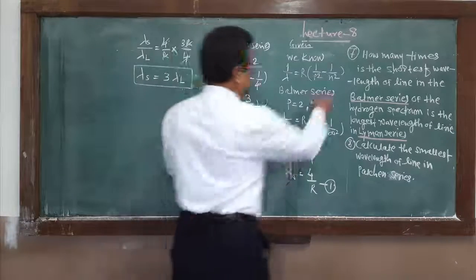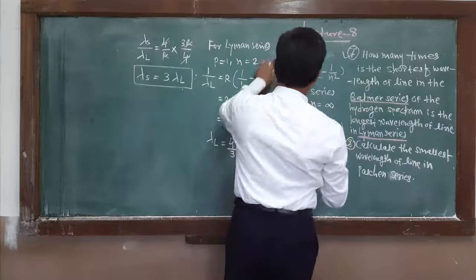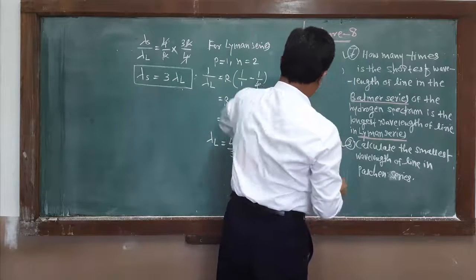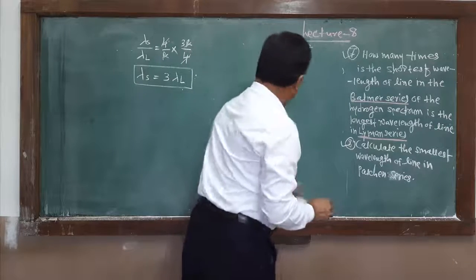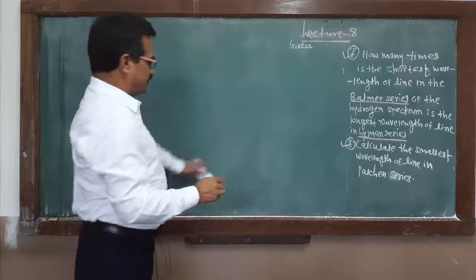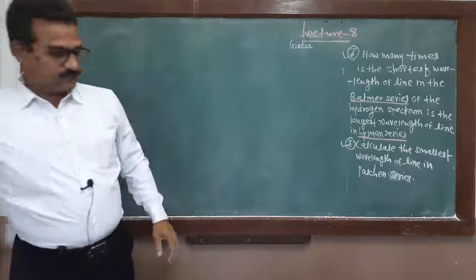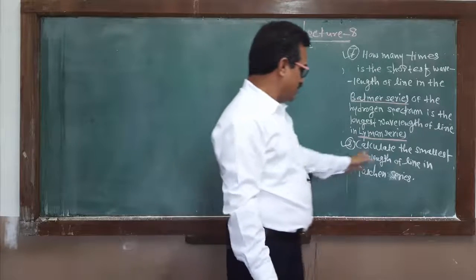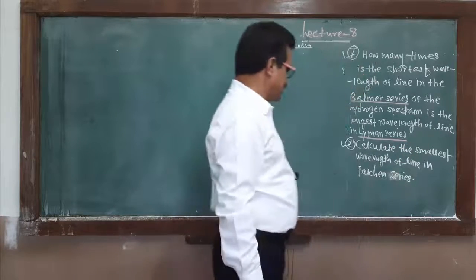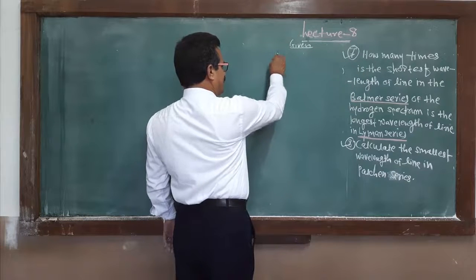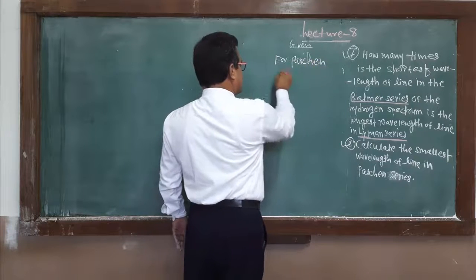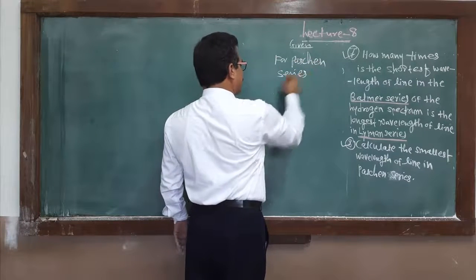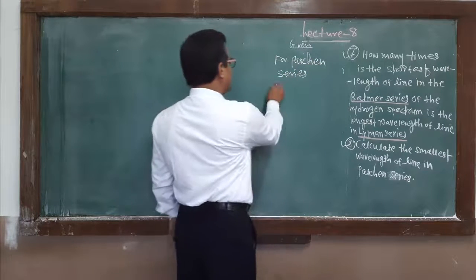The next problem, that is the last one. Calculate the smallest wavelength of line in Paschen series. Again, for Paschen series, what is the value of P?